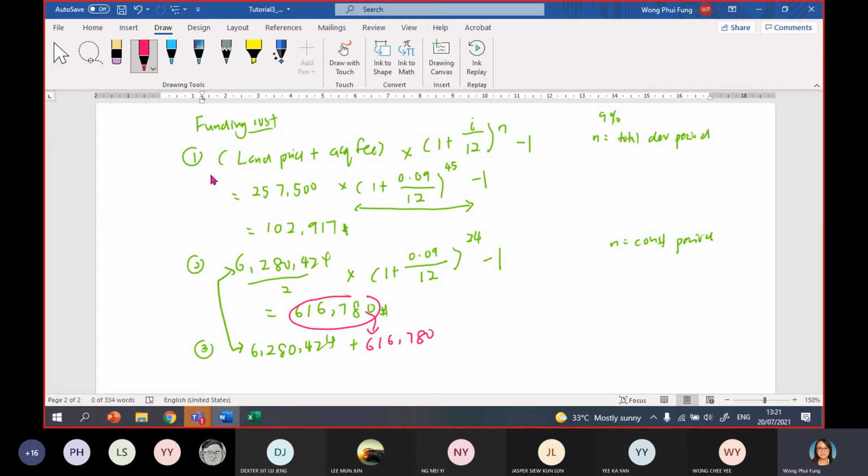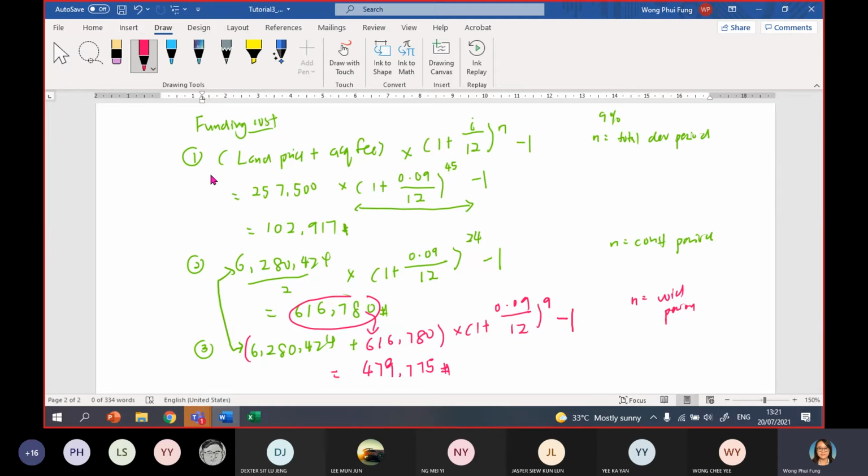I repeat again, the interest at stage 2 will roll to stage 3 and continue to incur interest. But during this period, no need to divide by 2 because it's already completed. Times 1 plus i, and the n is you use the void period, so it's 9 here, minus 1. Then after that, you should be able to get this one.